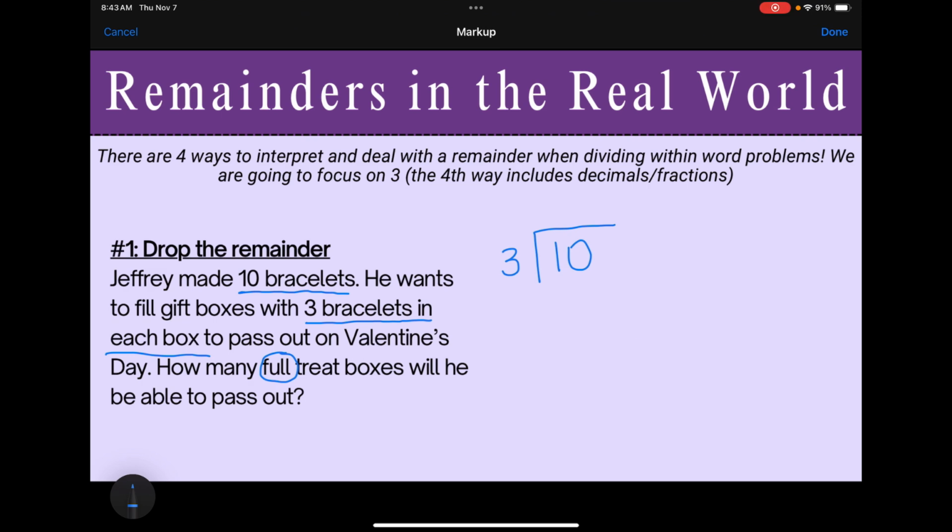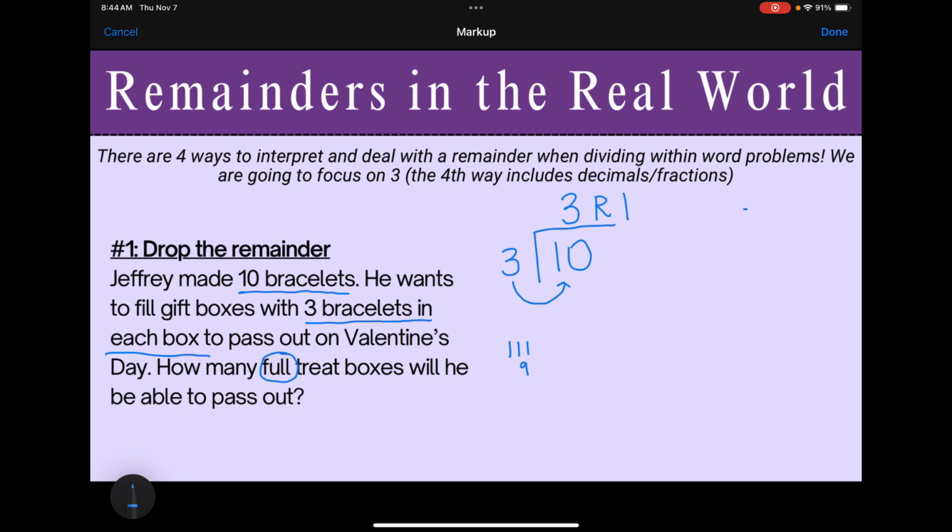So I'm asking myself, how many times can 3 fit into 10 without going over? So I'm going to skip count. 3, 6, 9, 12. That goes over. So really, 3 can fit into 10 3 whole times. Now that got me to 9 with a remainder of 1.